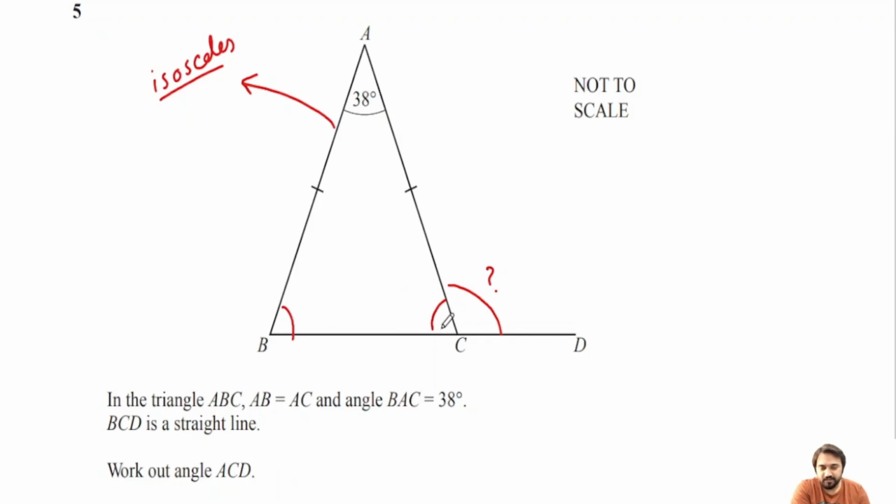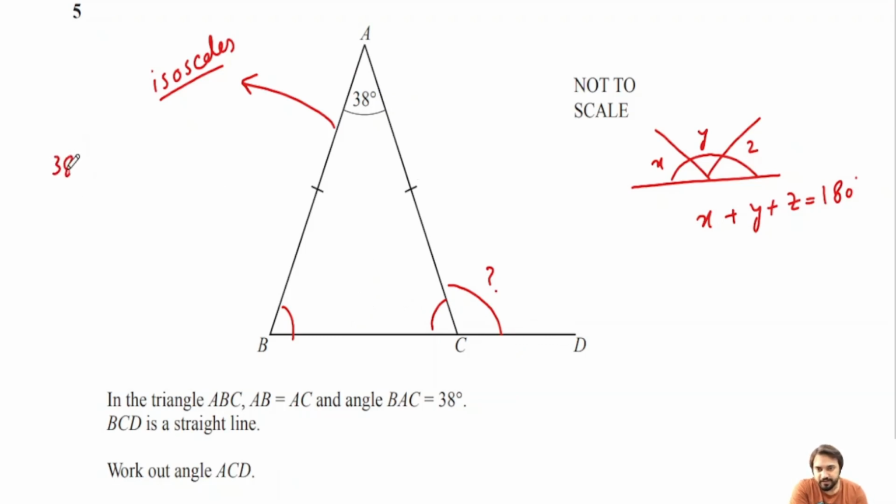Once we get angle C, we have the formula: angles on a straight line add up to 180 degrees. If these are X, Y, Z, then X plus Y plus Z is equal to 180 degrees. By using this, we will get angle ACD. So let's start.